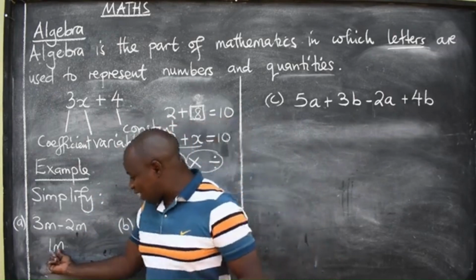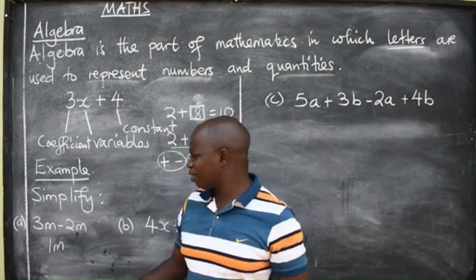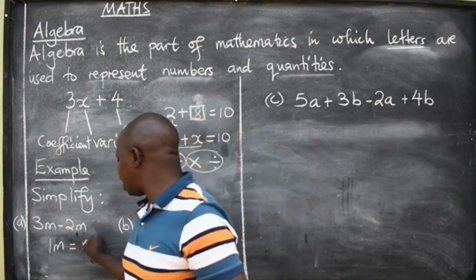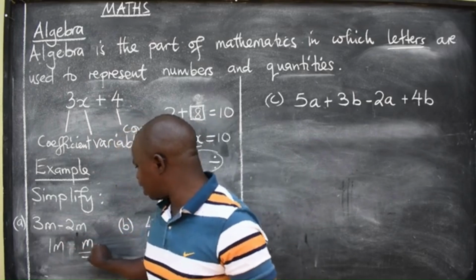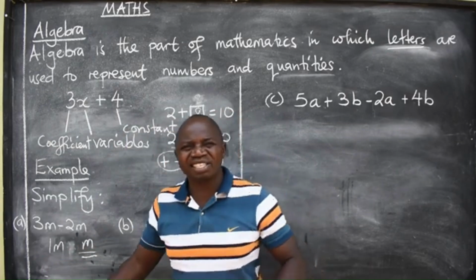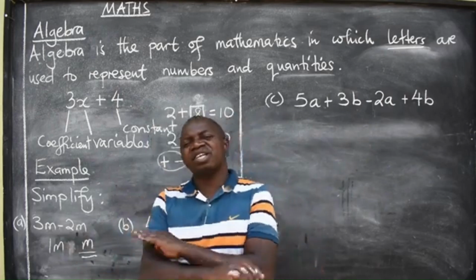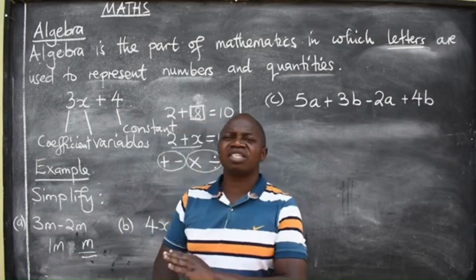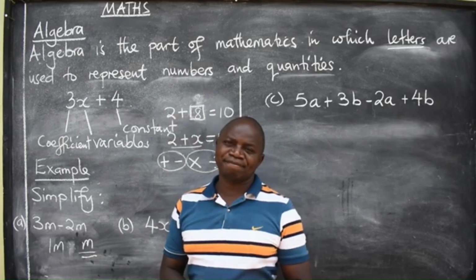So this is repetition, 1m. What would be the correct answer? You just say m. Don't write 1x, 1y. If it's x, you just say x. If it's m, you just say m. So this is the correct answer.